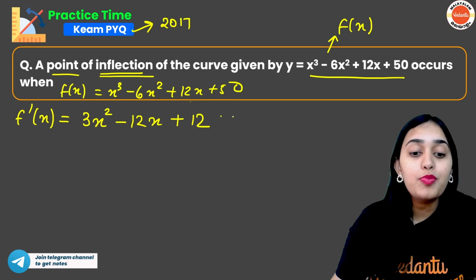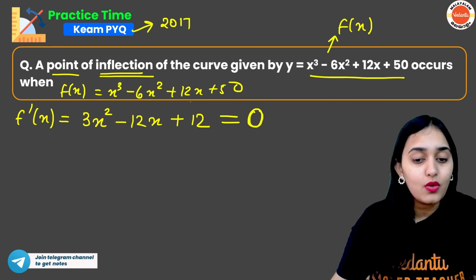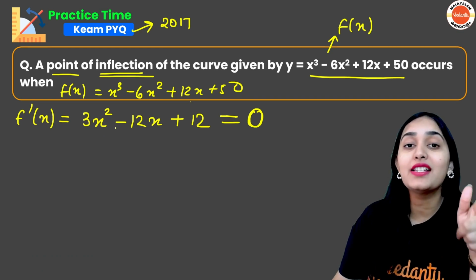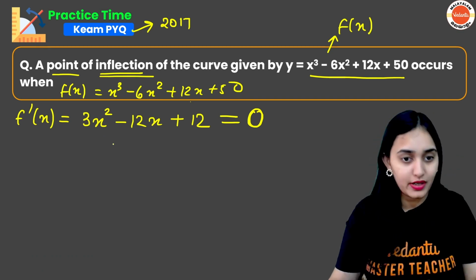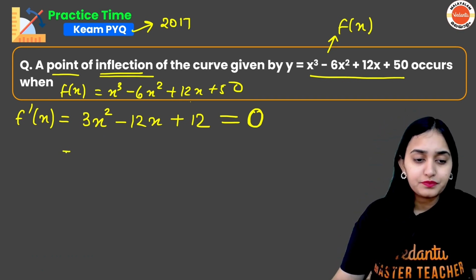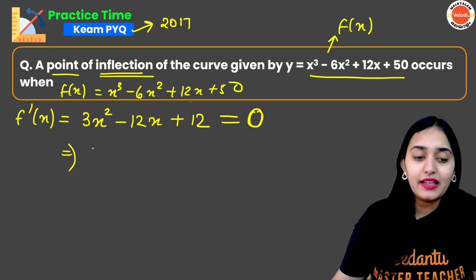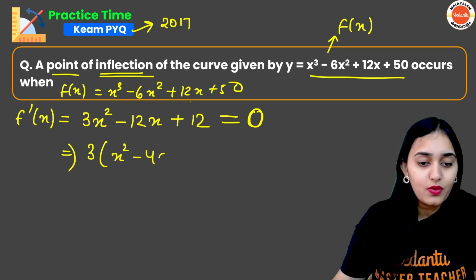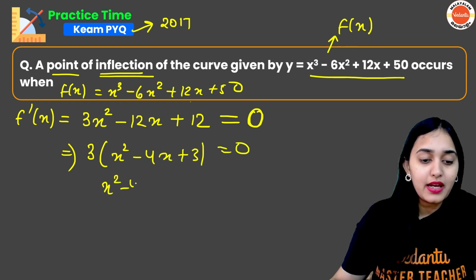Now you put this equal to 0. Why do you put this equal to 0? Because you want C1, C2, C3, whatever critical points are there. Now here I can take 3 common. So I get x square minus 4x plus 3 equals 0.